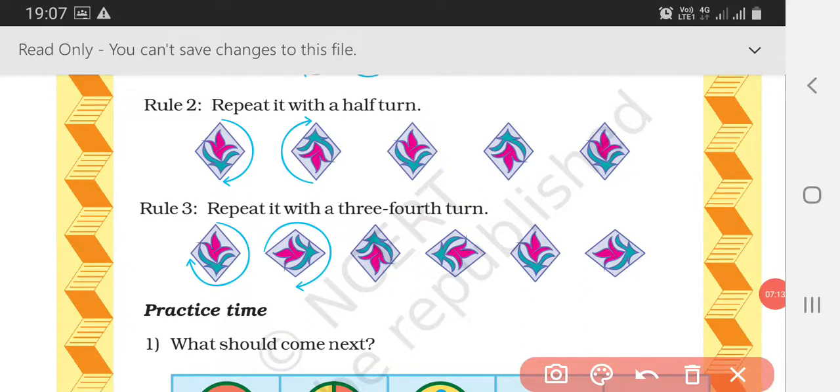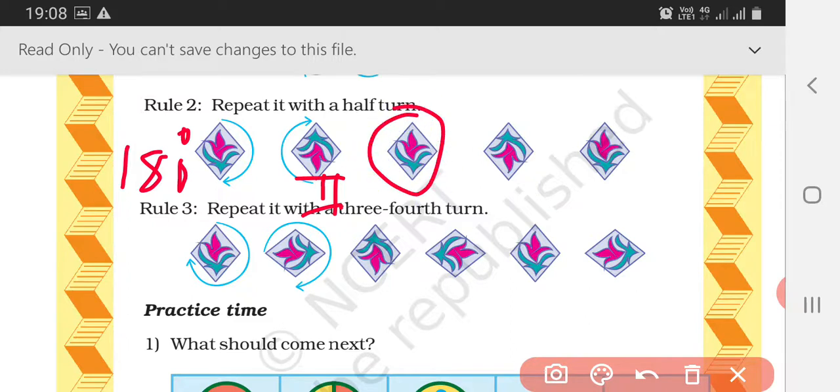Here the flower totally turns 180 degree, so in second place the flower totally turns upside down. Again it comes to its original position, then again upside down, then again in the initial position. In this way this turn is also called half turn.